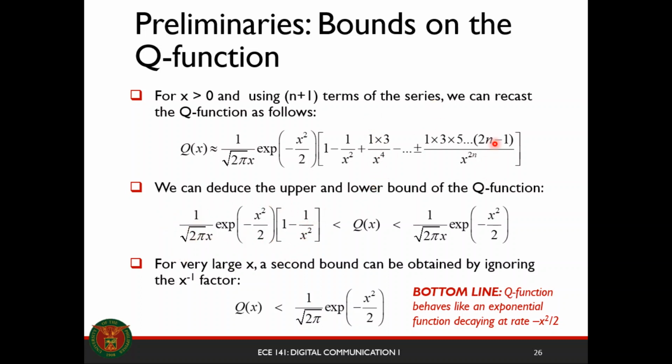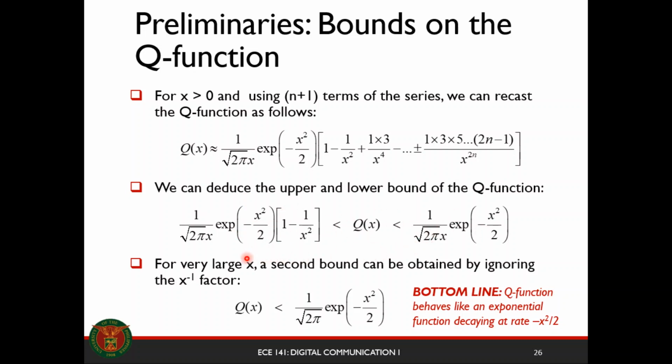So if you just approximate it, let your x be very large, the smaller lower bound of the Q function becomes this equation right here, and the upper bound is when this becomes very small. Since x is greater than 0, your Q of x actually squeezes from the first term, which is 1. You have a 1 inside the parenthesis, and your first two terms, 1 minus 1 over x squared. So your Q of x is always between these two values right here.